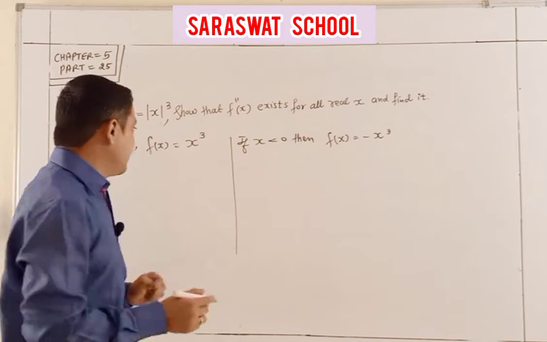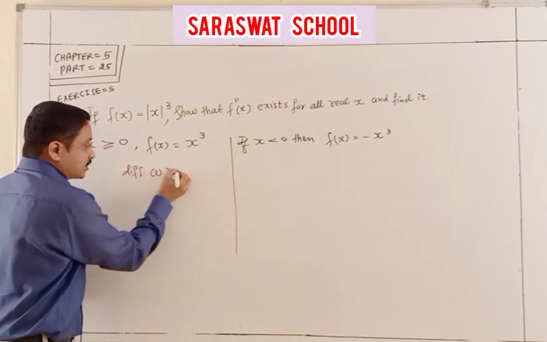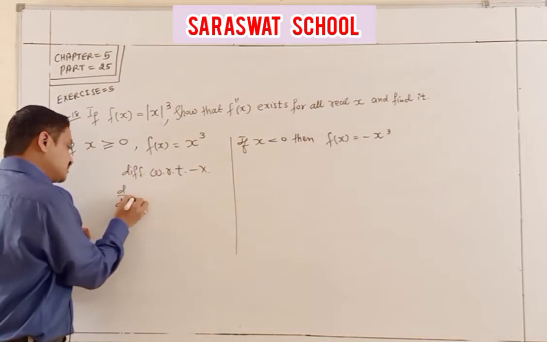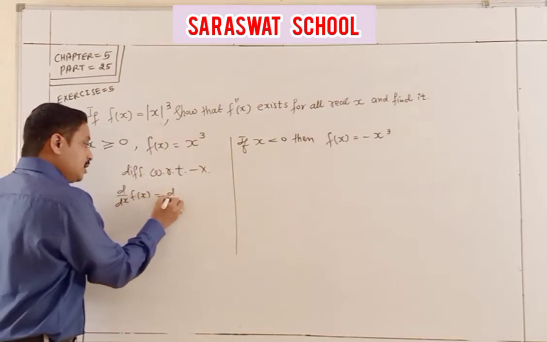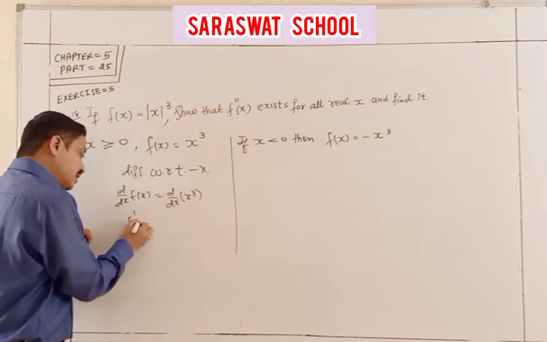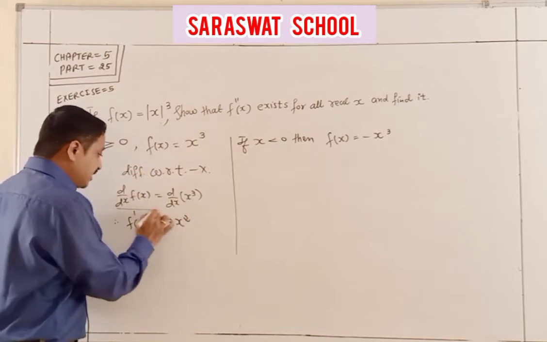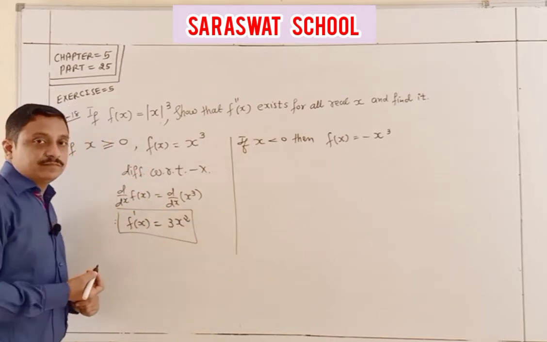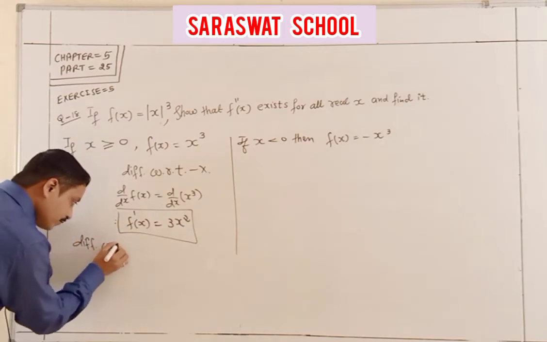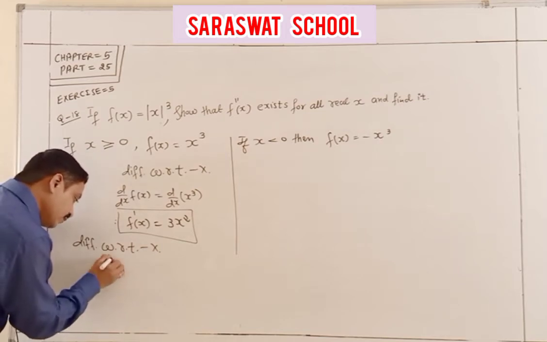So I am going to do direct differentiation with respect to x. Here d/dx of f(x), d/dx of x cube, that is your f dash x, and here 3x square. The first derivative is easily done. Now continue differentiation again with respect to x, so it is the second order derivative.